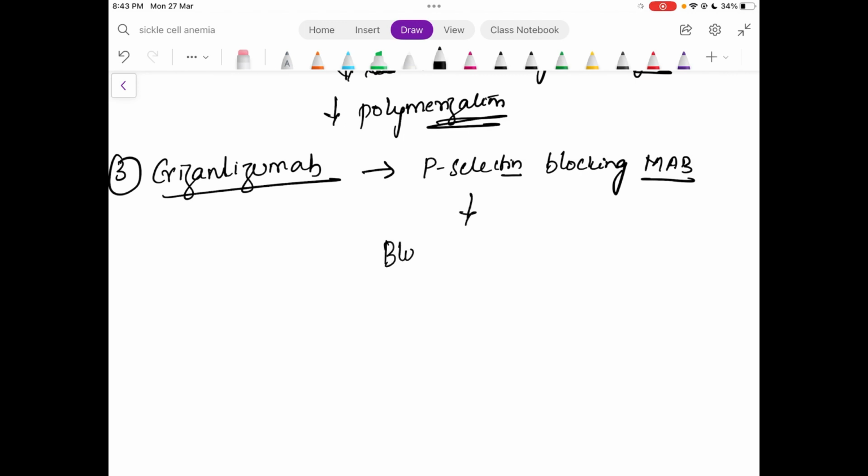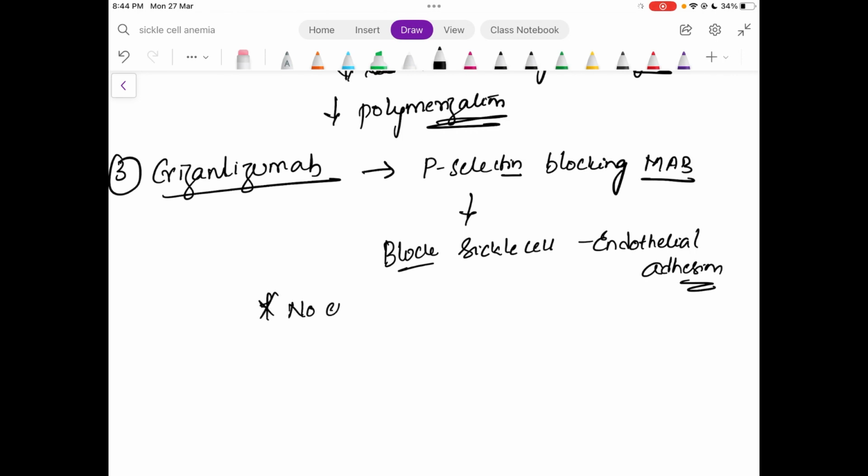So it will block sickle cell endothelial adhesion, and this drug has no effect on biomarkers of hemolysis.